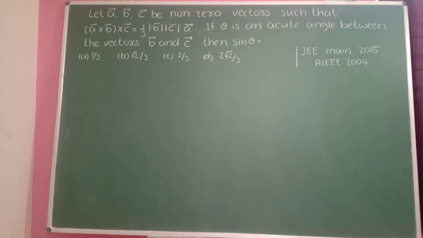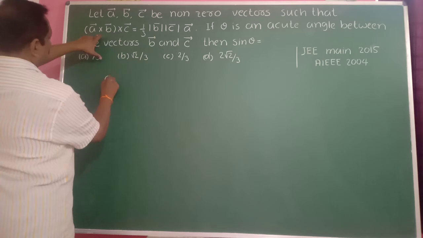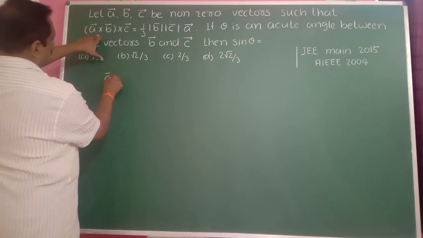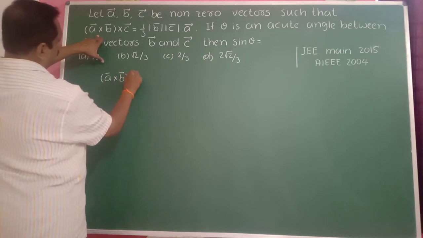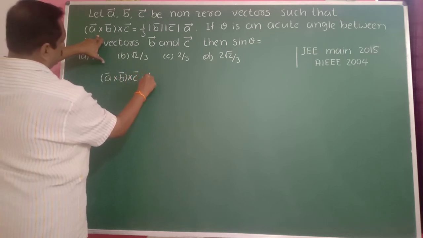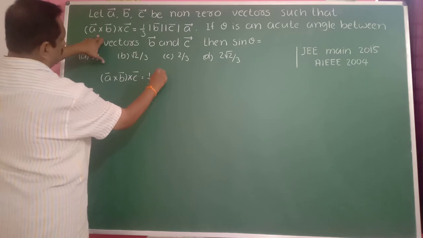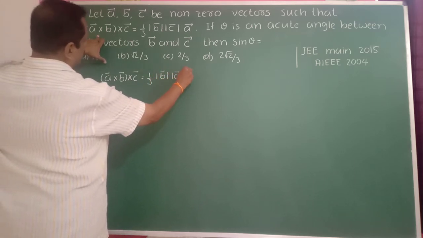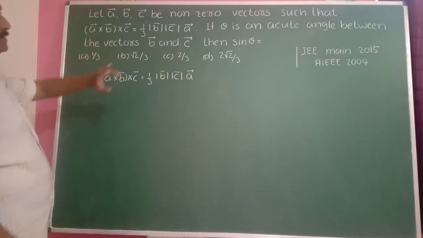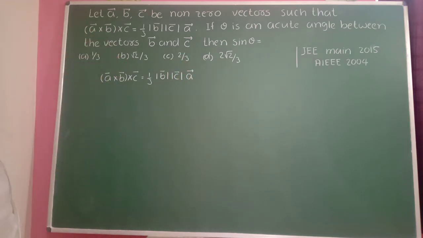Here are three non-zero vectors a bar, b bar, c bar such that a bar cross (b bar cross c bar) is equal to 1 upon 3 into modulus of b bar into modulus of c bar into the vector a bar. If theta is an acute angle between the vectors b bar and c bar, then what is sin theta?